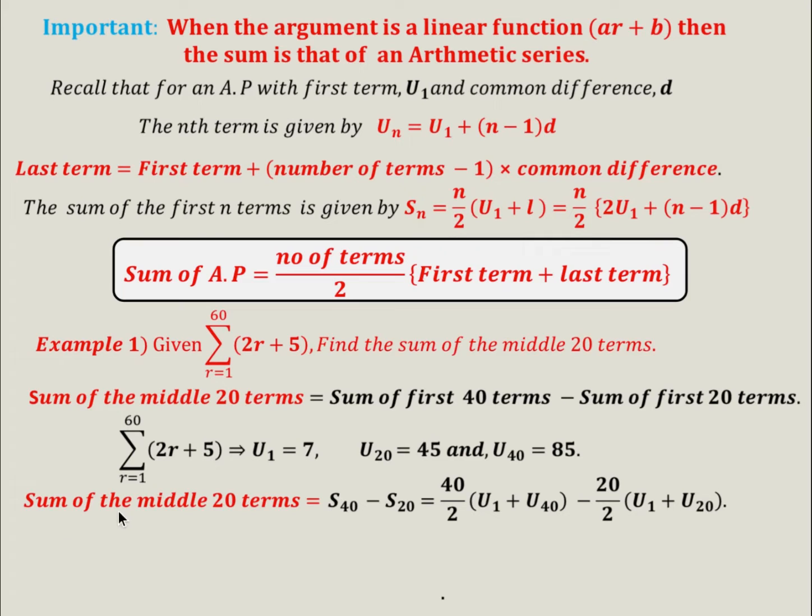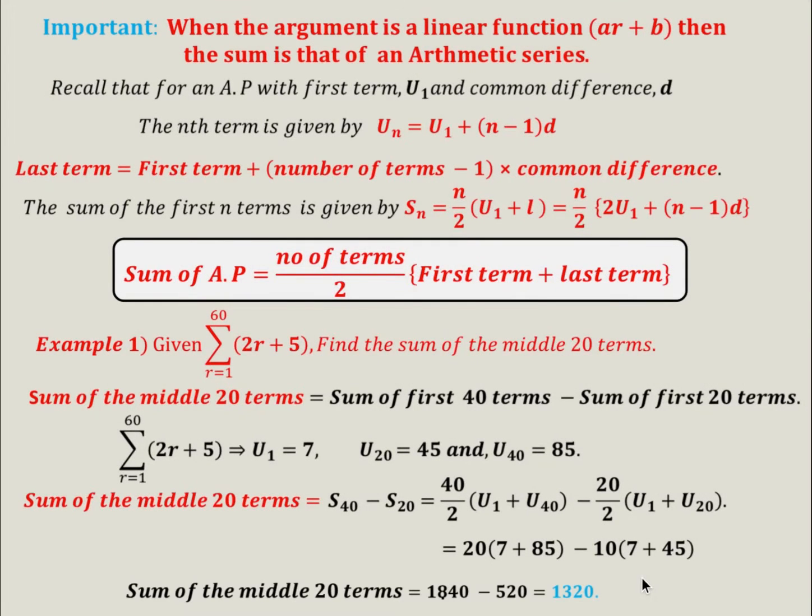We then proceed to have the sum of the middle 20 terms, which is S40 minus S20, and the sum of the first 40 would be 40 over 2 into the first term plus the 40th term, minus the sum of the first 20, which is 20 over 2 into the first term plus the last term. When you proceed to evaluate, you get 40 over 2, which is 20, into the first term, which is 7, plus the last term, which is 85, minus 20 over 2, which is 10, into the first term, which is 7, plus the last term, which is 45.